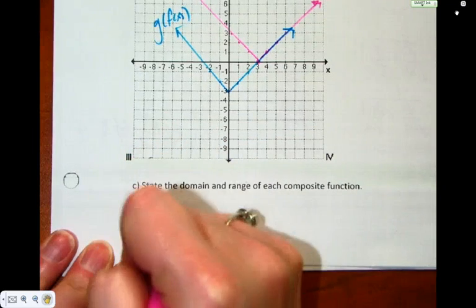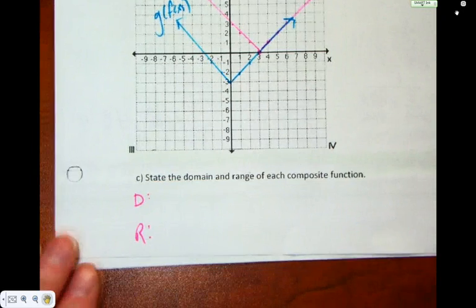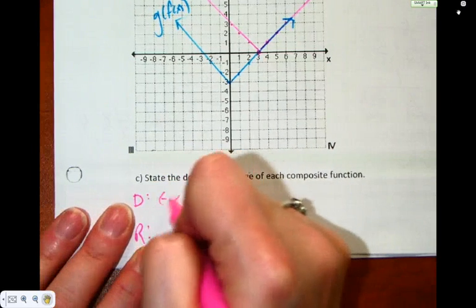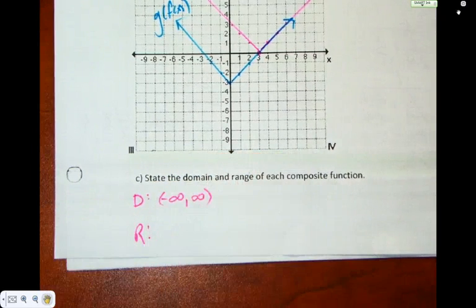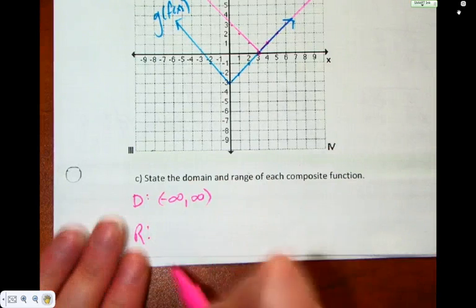Domain and range. So let's do f of g of x first. Offer of negative infinity to infinity. No one confirming. Okay, range.